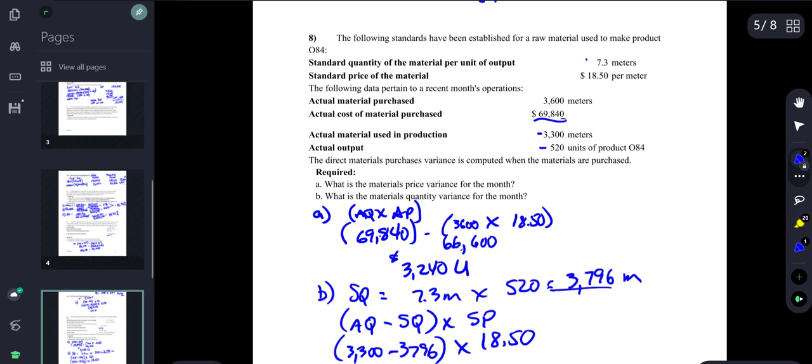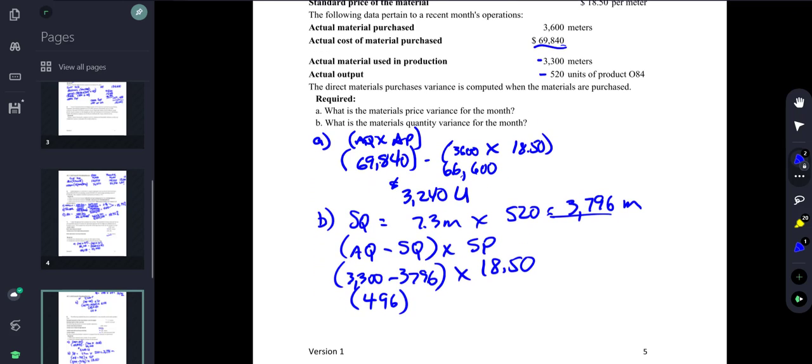We have 496 here that's a negative number, and that means that the actual quantity is less than the standard quantity. We multiply that by 18.50, and we wind up with a quantity variance of 9,176 that's favorable. Okay, so these are the problems.